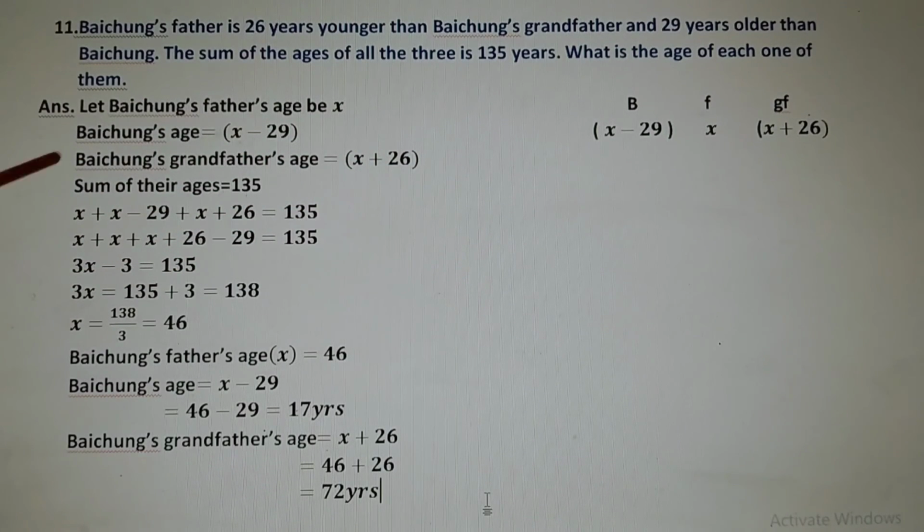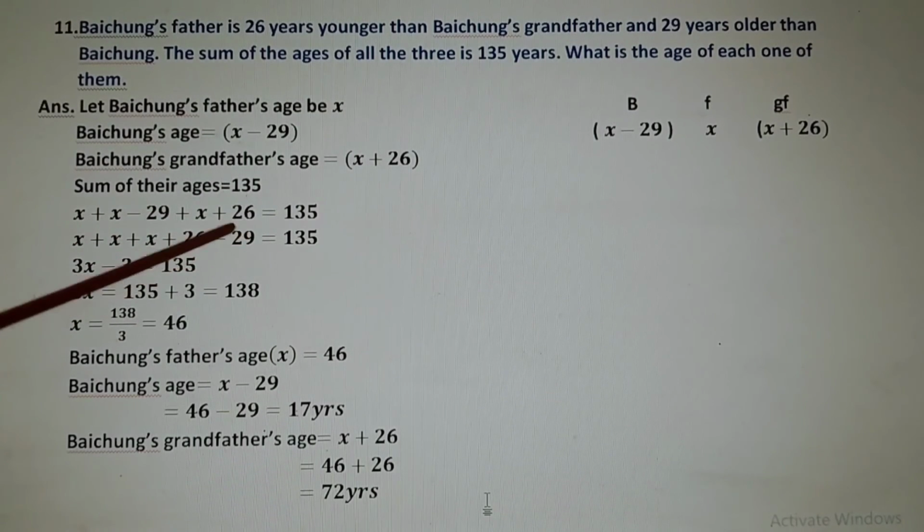According to question, sum of their ages is given, that is equal to 135. Baichung's father's age plus Baichung's age plus Baichung's grandfather's age is equal to 135. That is x plus x minus 29 plus x plus 26 is equal to 135. Take like terms together. Then x plus x is 2x, 2x plus x is 3x. Here one positive and one negative number, so we have to subtract the smaller number from bigger number and put the sign of bigger number.